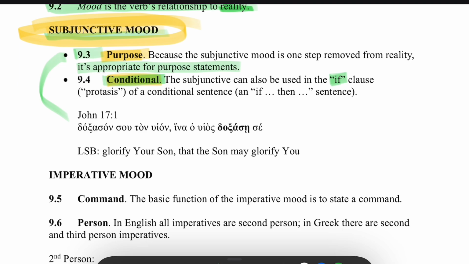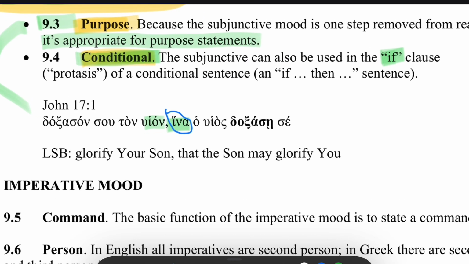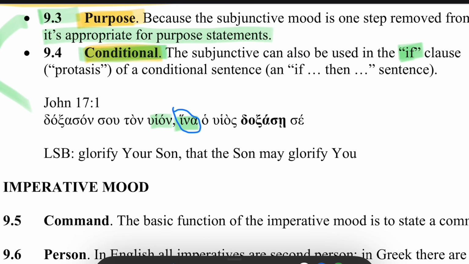Doxason su ton huion, hina, and this is going to be your purpose clause, hina, purpose word, hina ho huios doxase se. So glorify your Son, that the Son may glorify you. So this doxase is going to be in the subjunctive.